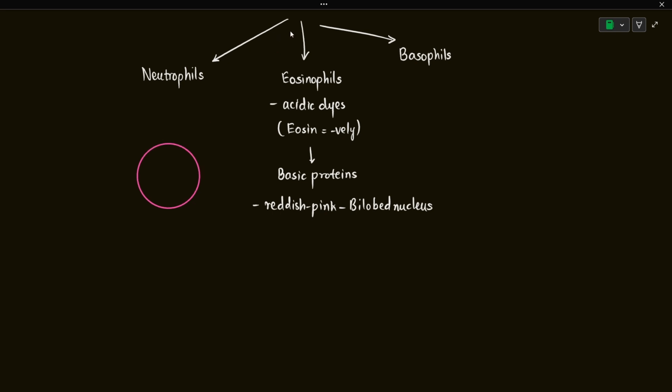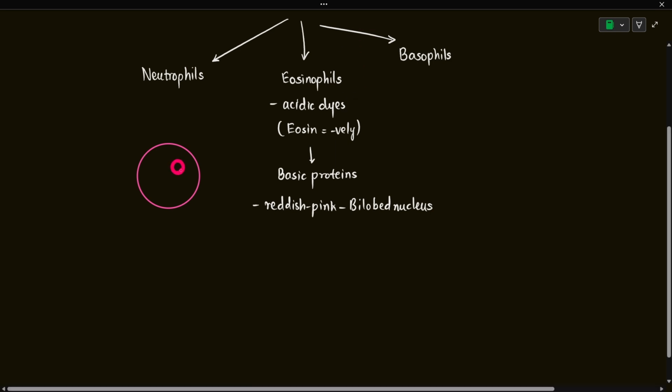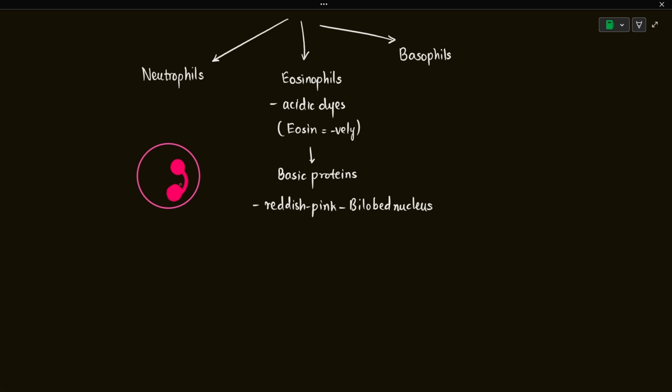There will be a cell which has a bilobed nucleus. This is the nucleus, which has two lobes. And it will also have granules. It is going to have multiple granules, and that is why it is categorized into granulocytes.